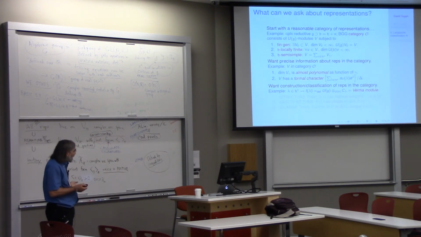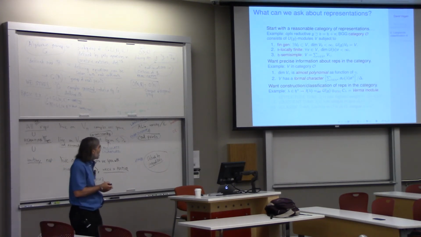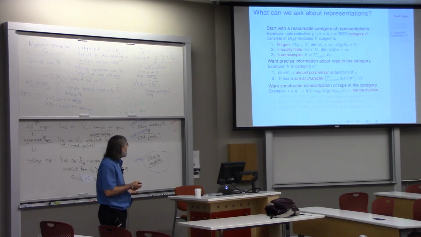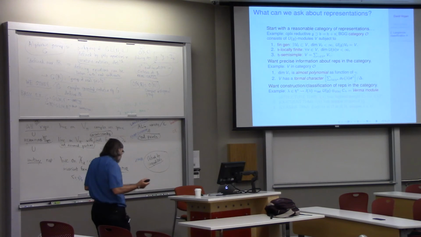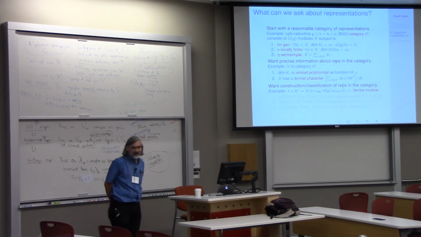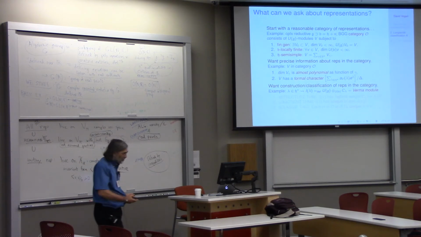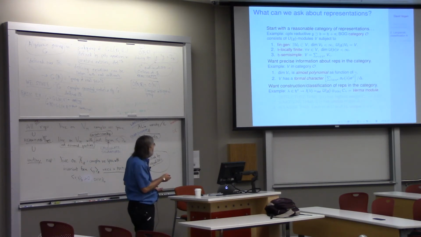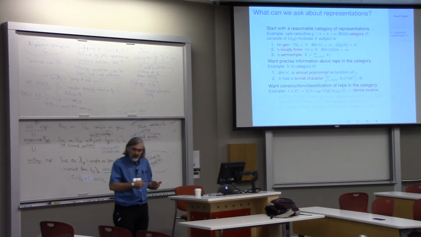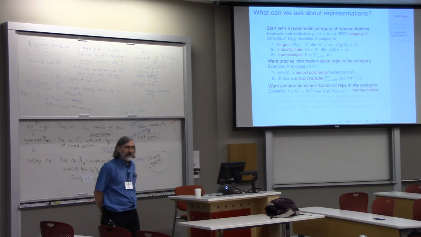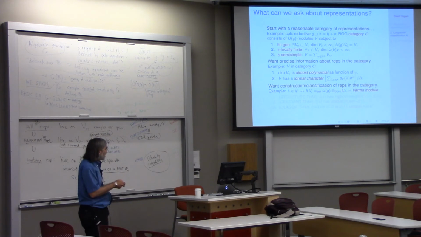Okay, so how do you make representations in this category? Well, the basic construction is what are called Verma modules. One of my favorite facts about representation theory: you can look in the literature and find out what the history of the notion of these modules is, and it's very clear.